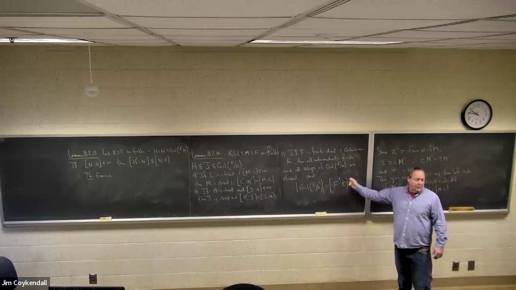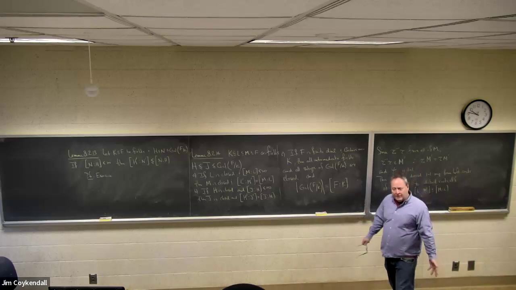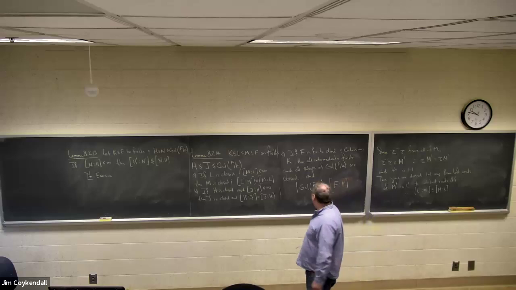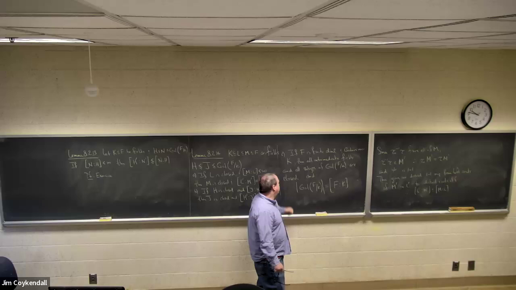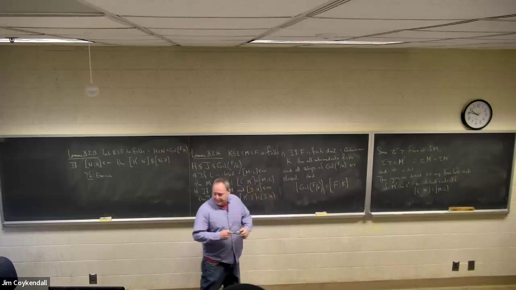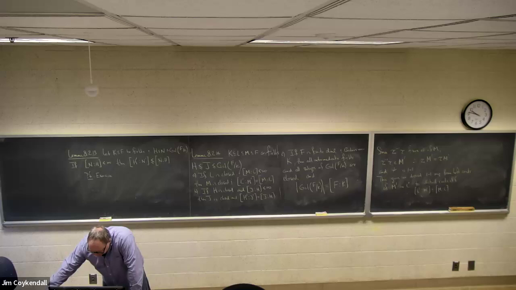So if all the intermediate fields are closed and all the intermediate subgroups are closed, then this gives us the exact correspondence. Let me make a mark here.